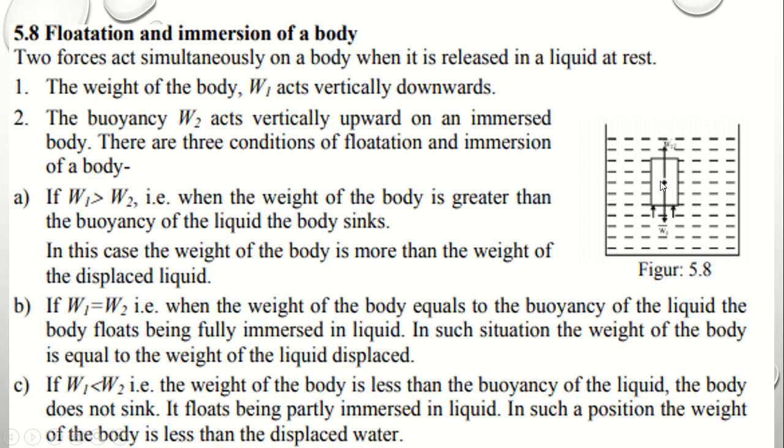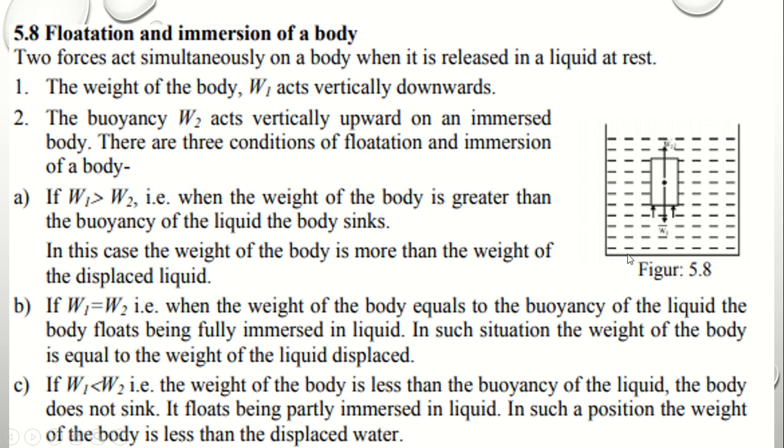I think you know about submarines. A submarine can float in fully immersed condition. So when the weight of the object and the buoyant force are equal to each other, then the object will neither float on water nor go down to the bottom. It will float in fully immersed condition.